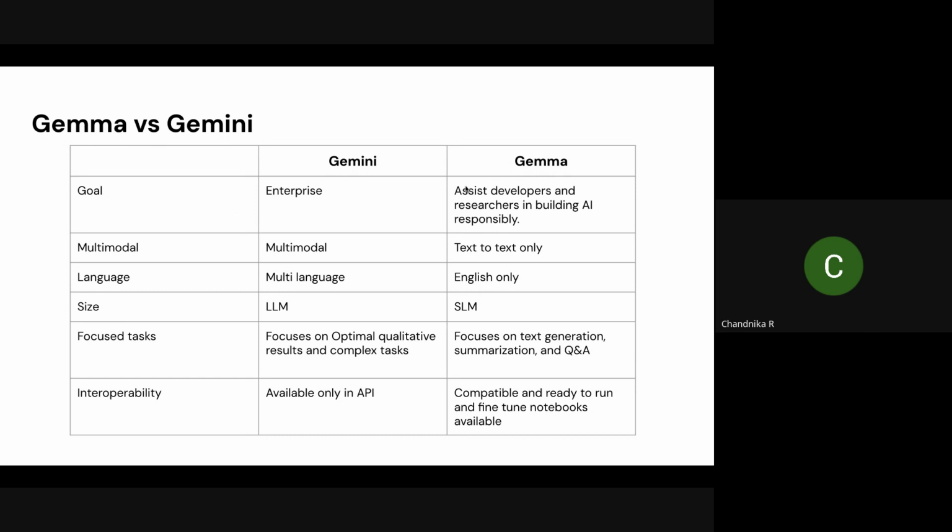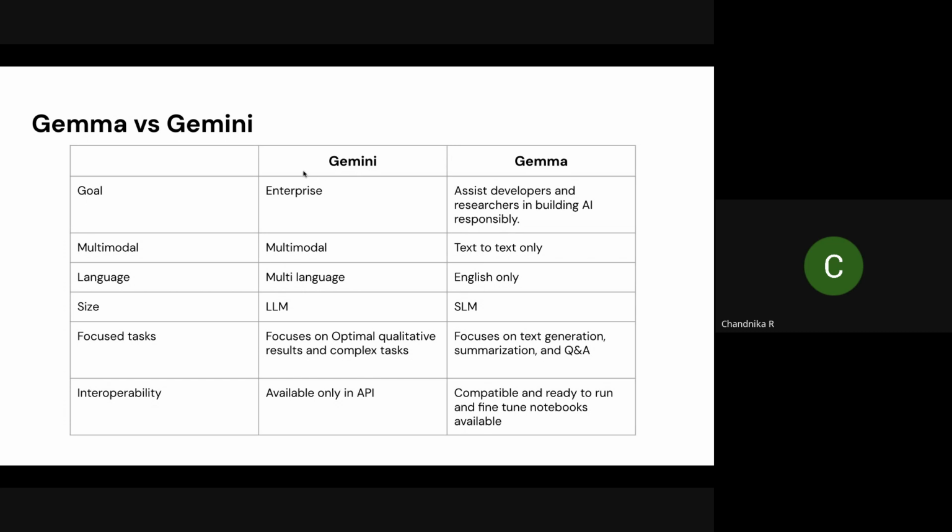But Gemma is mainly focused on assisting developers and researchers to use it as an open model, so that it opens a lot more possibilities. They are also mainly focused on responsible AI development with these open models. This is the main goal of Gemma and similar models.